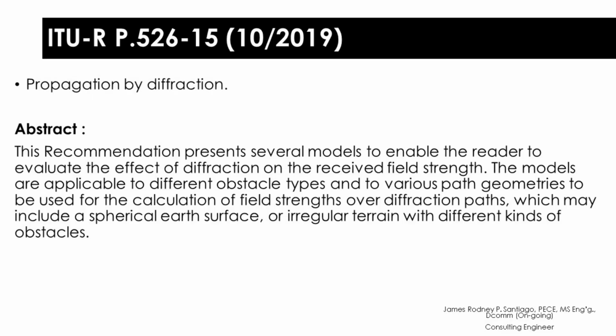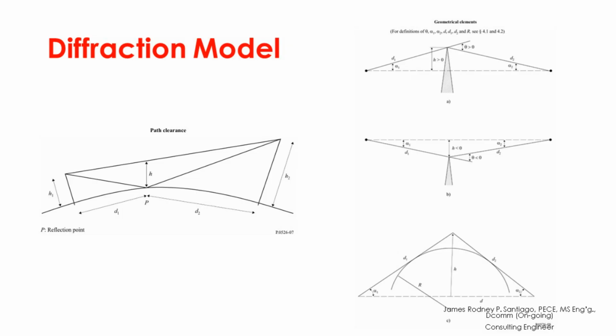So for ITU-R P.526-15, of which the latest version was released October 2019, this is the recommendation on diffraction. This standard is specifically enumerating the diffraction models. The recommendation presents several models to enable the reader to evaluate the effect of diffraction on the received field strength.